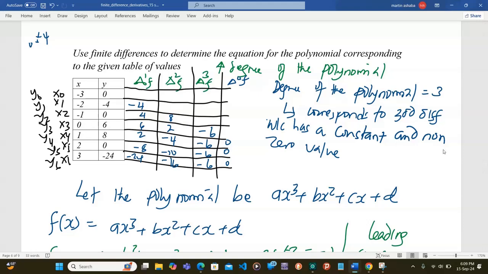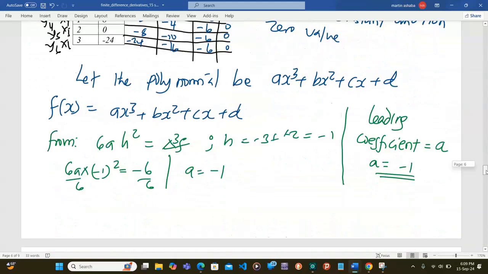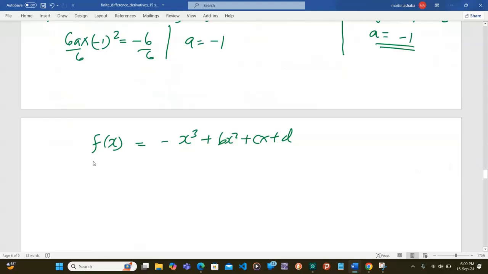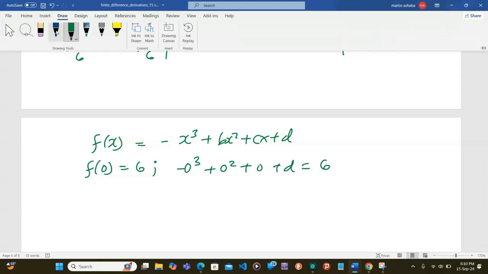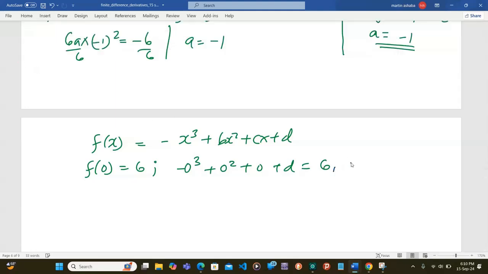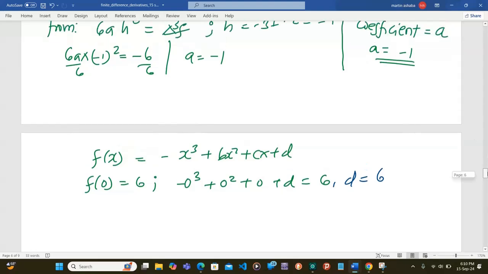I put in 0 here, I'll have -0 cubed plus 0 squared times b plus 0 plus d is equal to 6, meaning that finally my d will equal 6. That's how I can get the value of d.